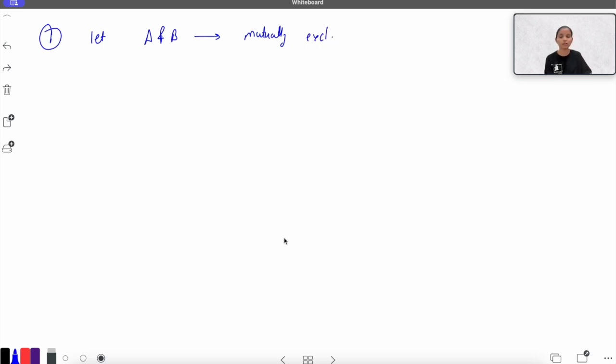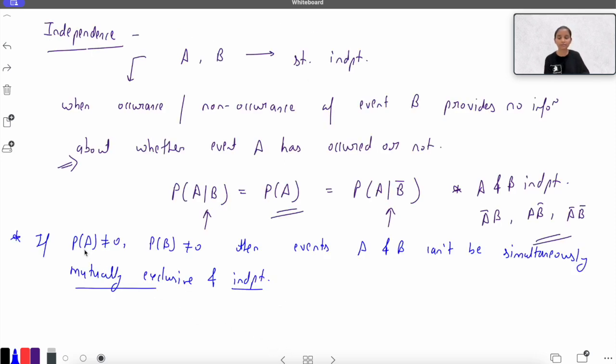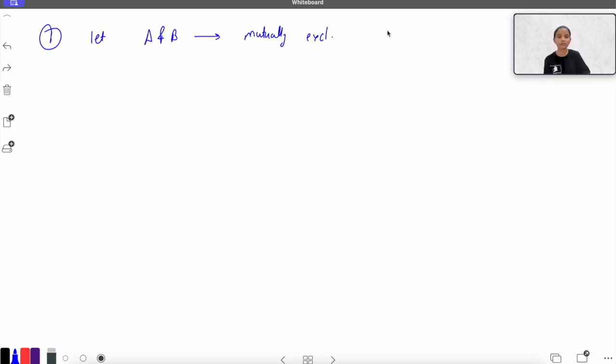The condition I am considering is that neither probability is 0, so probability of A is greater than 0 and probability of B is greater than 0. If they are mutually exclusive, then the intersection of these events is the empty set, and the probability of A intersection B would be equal to 0.